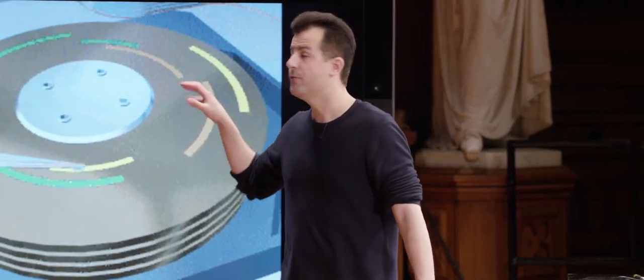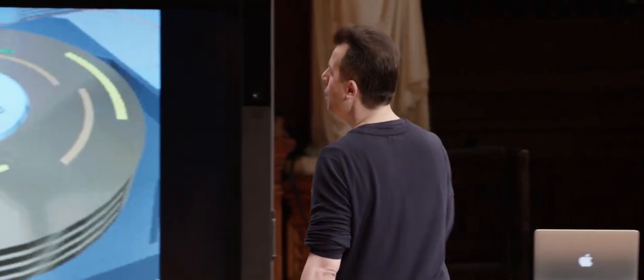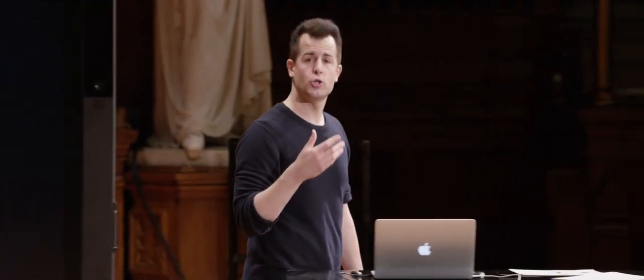Moreover, anything that's physical like this isn't going to spin all that fast at the end of the day. Now, technically, a hard drive like this might spin 7,200 times per minute or even 10,000 times per minute, but that's much slower than the speed at which electrons travel as they would in something like RAM.